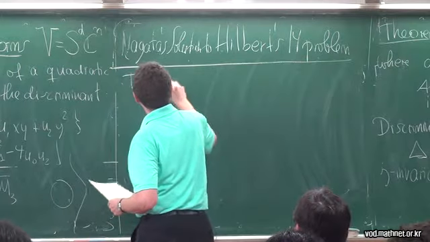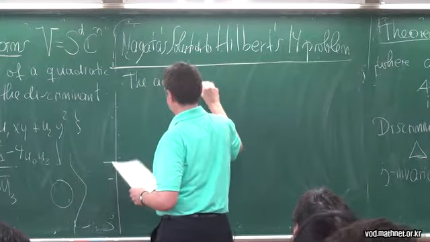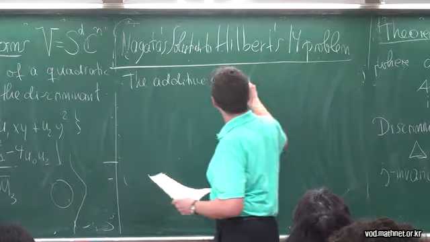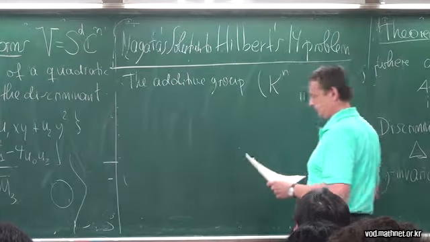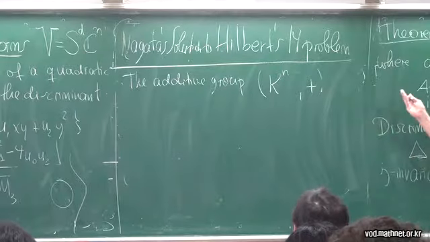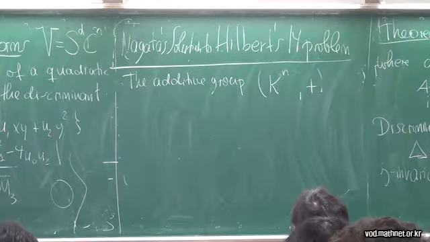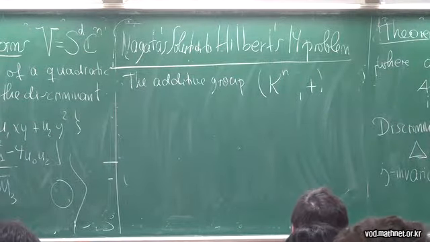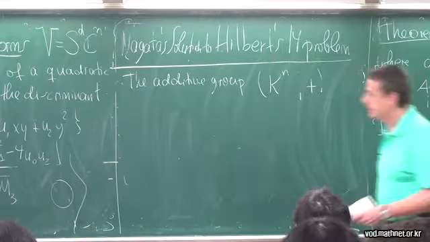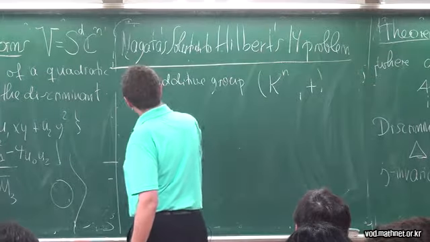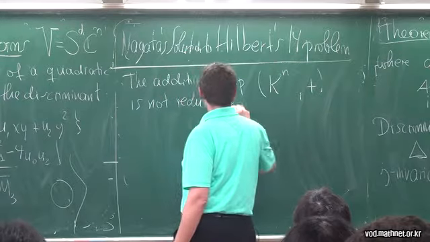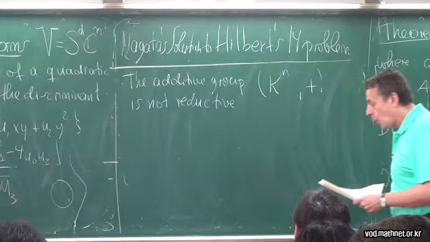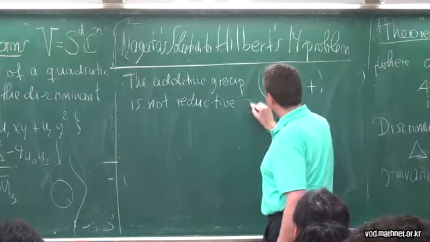So first of all, what's the group? Let's start with the additive group K to the n. Well, K to the n is a vector space, so in particular it's a group with respect to addition. Now, it's not reductive. I'm going to give you a matrix representation in a moment, and I'm going to give you the action.